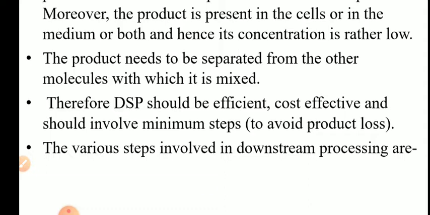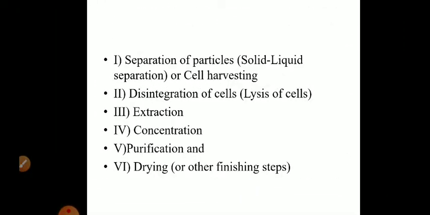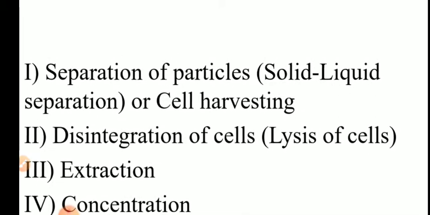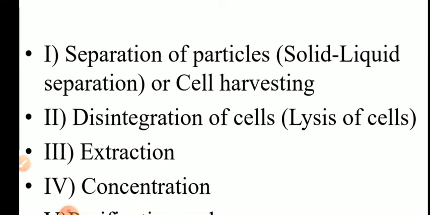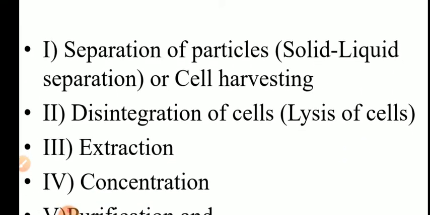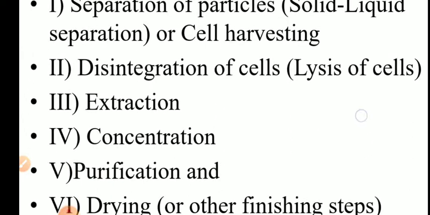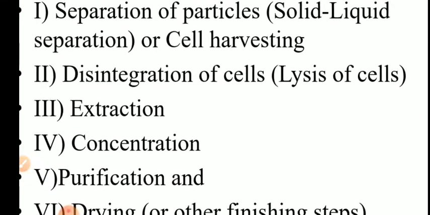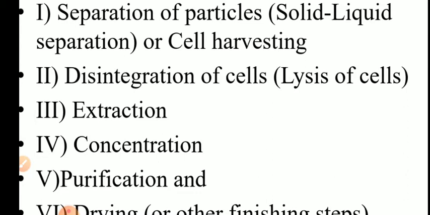Now, what are the different steps involved in downstream processing? The first step is separation of solids and liquids. We also call it separation of particles or cell harvesting. In our case, the solid part is the microbial cells present inside the fermented broth. The second step is disintegration of cells, or cell lysis, or breaking the cells.